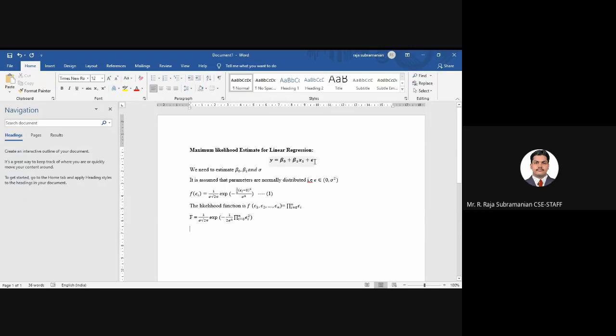If I need to explain the distribution of an error or any indicator variable, I need to understand its statistical parameters. What are those? I need to represent their mean as well as the standard deviation. So this parameter, I'm assuming, is going to be normally distributed, right? Because I need to say whether it is distributed or not.